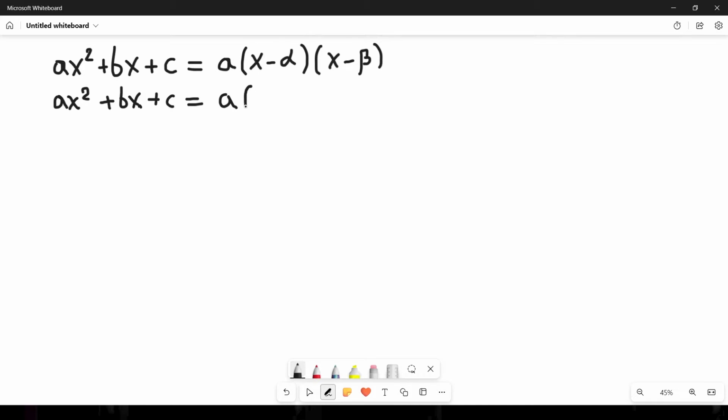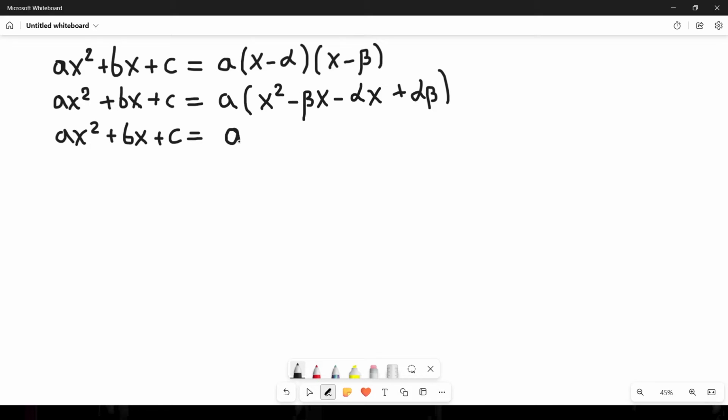So when we unveil the brackets, we will get x to the power of 2 minus beta times x minus alpha times x. I should have written them in another way, but it doesn't really matter, plus alpha times beta. Now we copy the second row.